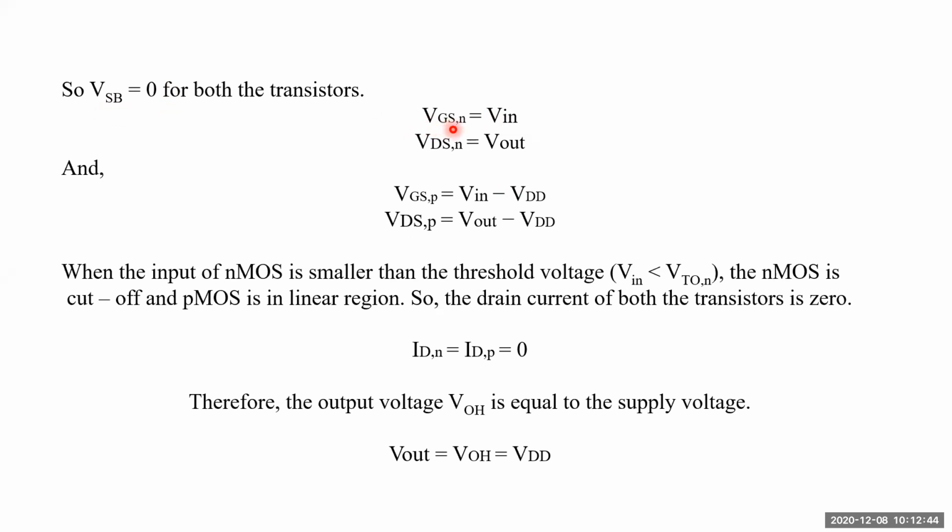The voltage between the gate and source of the N transistor will always be equal to V in, and the voltage between the drain and source of the N transistor will be equal to V out. Similarly for the PMOS, the voltage between gate and source of the P transistor will be V in minus VDD, and the voltage between drain and source of PMOS will be V out minus VDD.